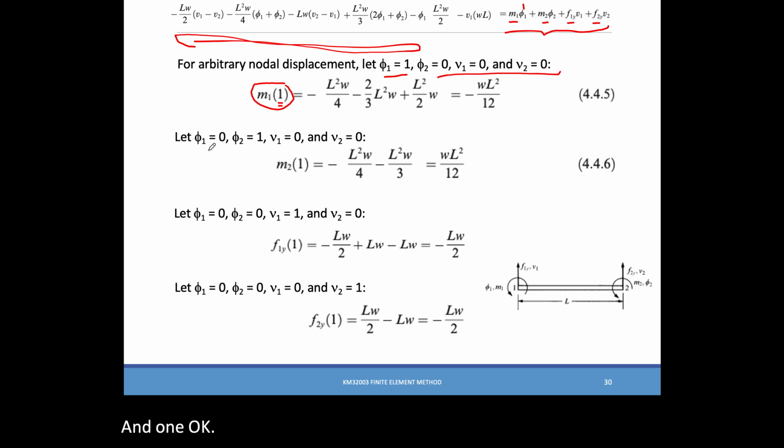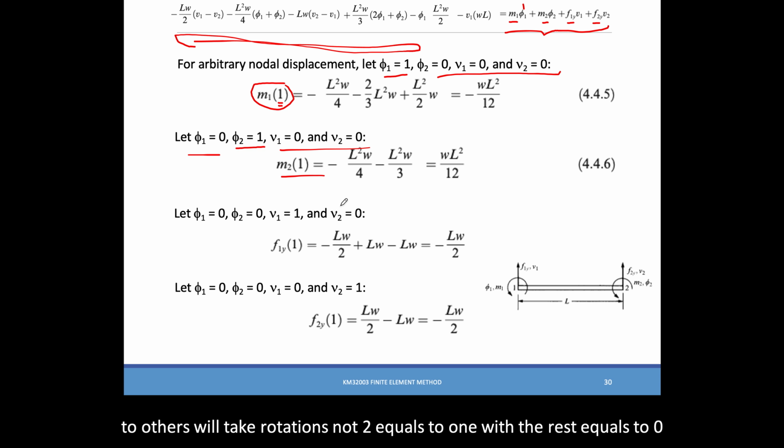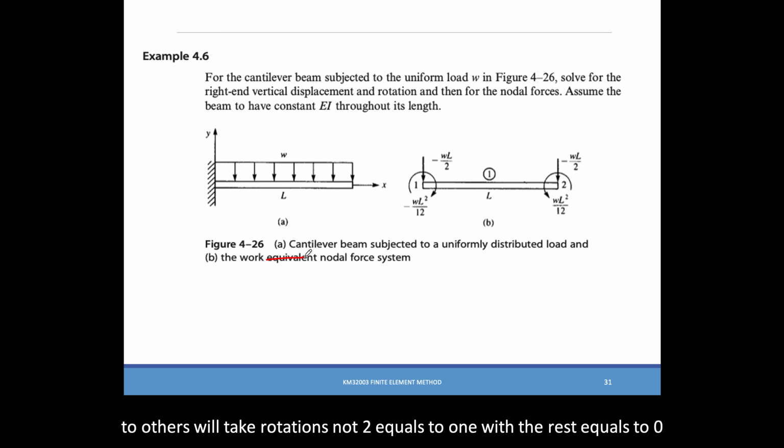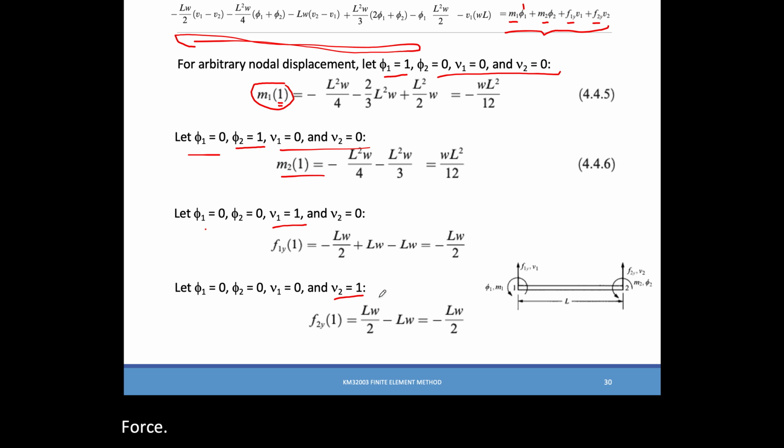Similarly, we will take rotation at node number 2 equal to 1 with the rest equal to 0, to get the moment at node number 2. Same thing, displacement 1 equals to 1 reveals the force at node number 1, and displacement at node number 2 reveals the force at node number 2.